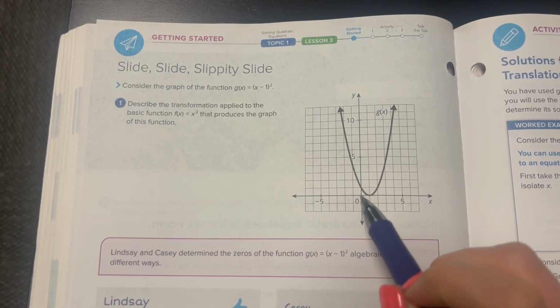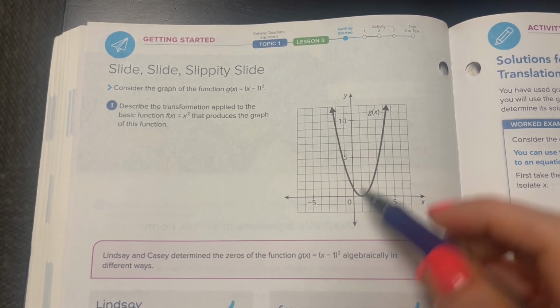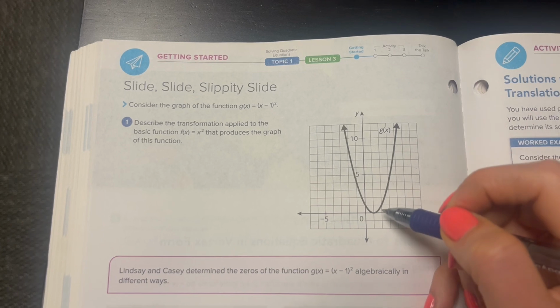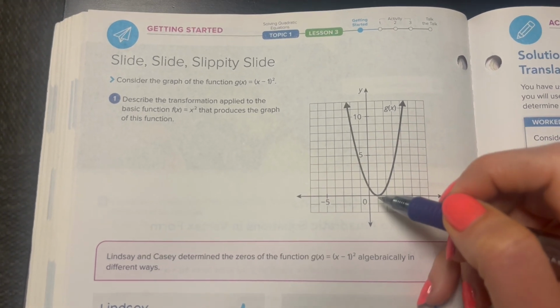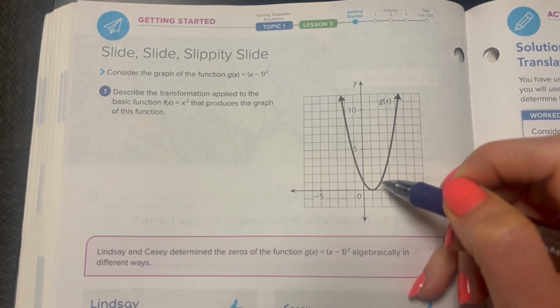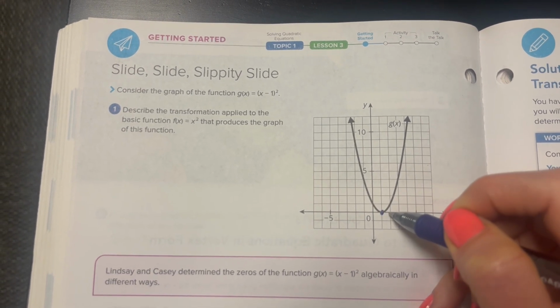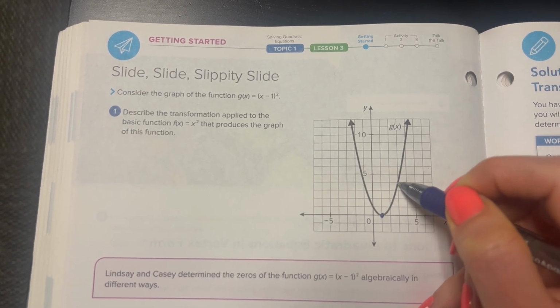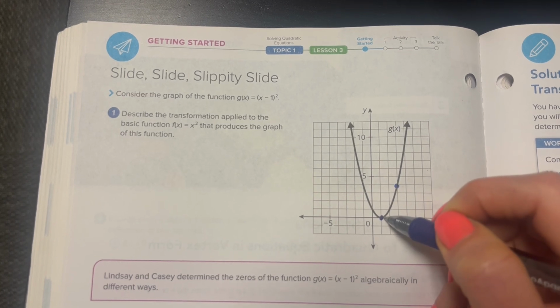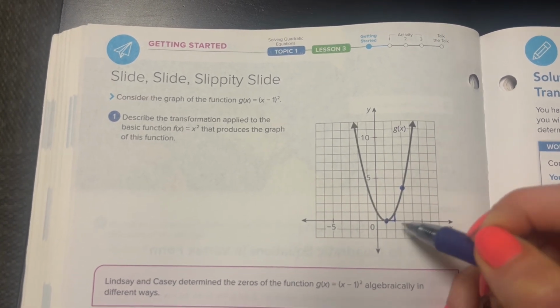So you can see here we have a parabola, and it's been shifted to the right 1 unit. I know it's not fat or skinny because it goes over 1, up 1 from the vertex, and it goes over 2, up 4, which is because 1 squared is 1.